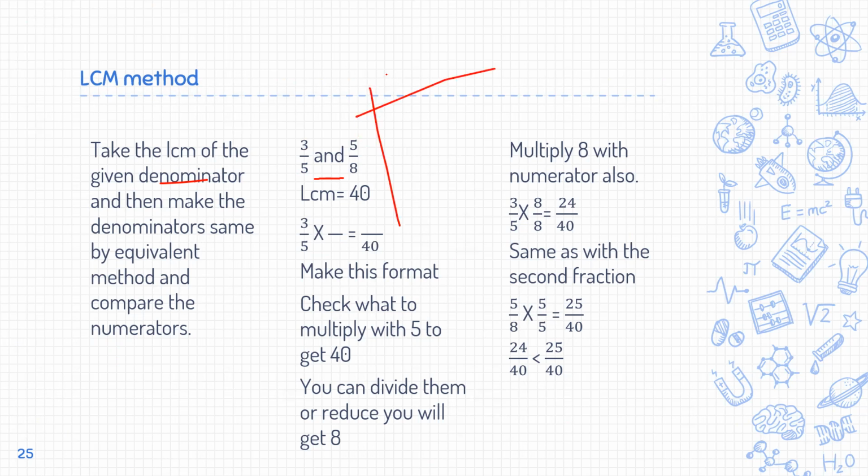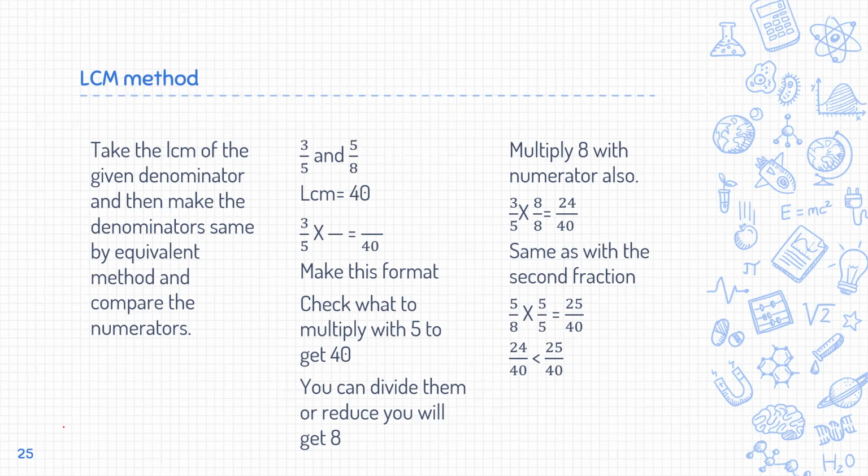So still I'm showing you over here 5 and 8. Okay, so multiply 2 into 2, 4, 4 twos are 8, 8 fives are 40. LCM is 40.